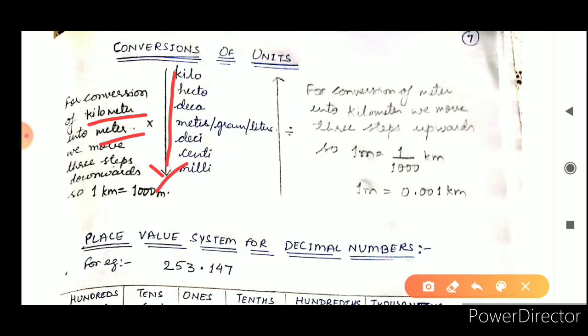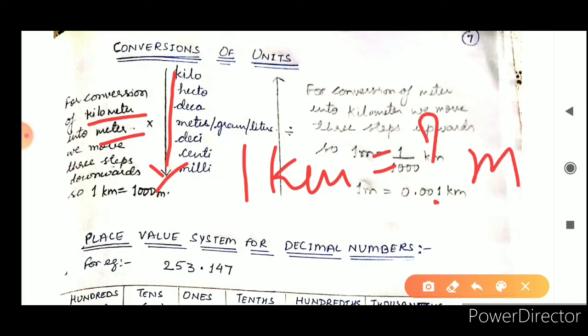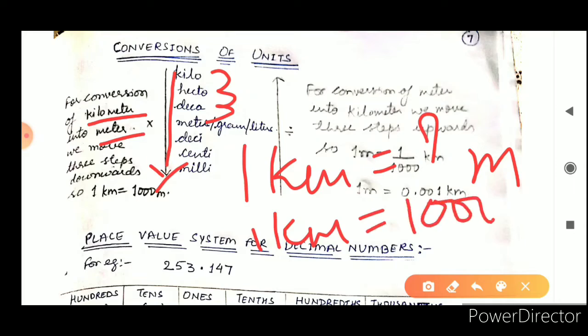Suppose we want to find how many meters are in 1 kilometer. We are jumping 3 steps down, 1, 2, 3. So 1 kilometer will be equal to 1000 meters.